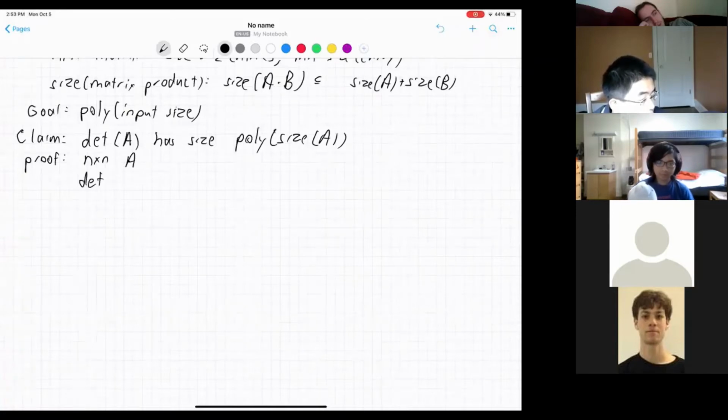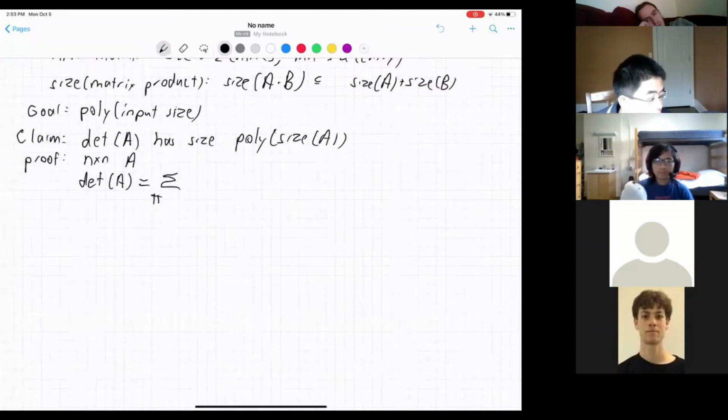So I'm going to use a particular formula for the determinant, which many of you have probably seen, but some not. It's a sum over all permutations from the first n numbers to the first n numbers of the sign of that permutation.